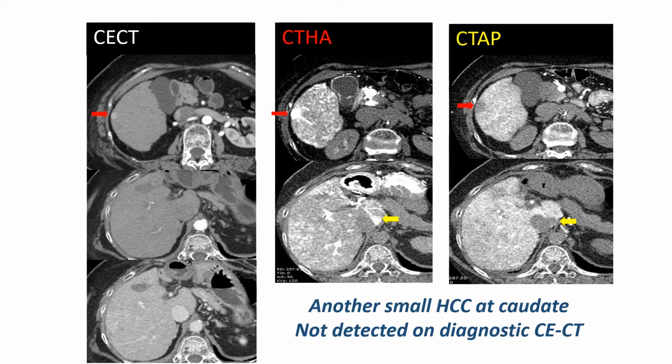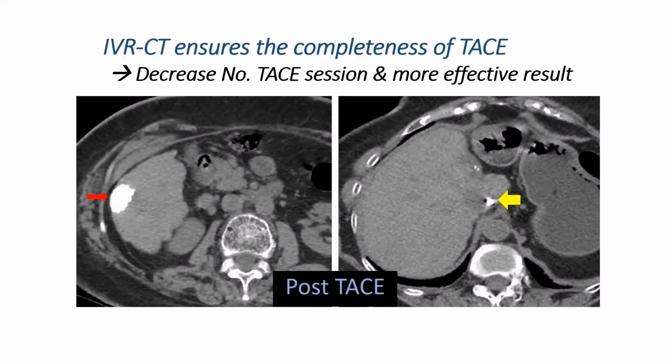But on CTAP and CTHA, we found another small nodule at the caudate lobe, appearing as hypoenhancement on CTAP and vivid arterial enhancement on CTHA. This finding is compatible with small HCC. With this additional information, we can then perform selective TACE for both lesions at the same time.